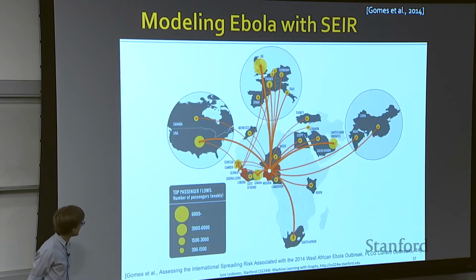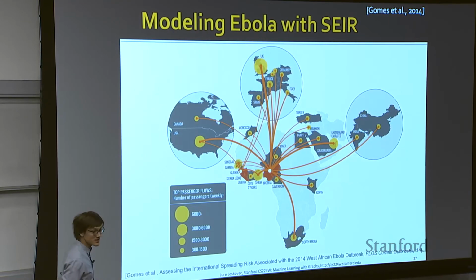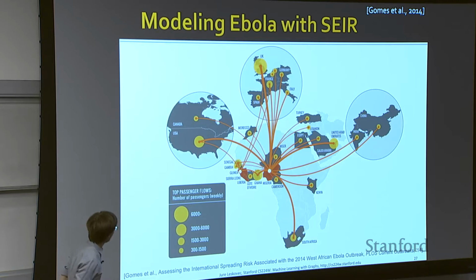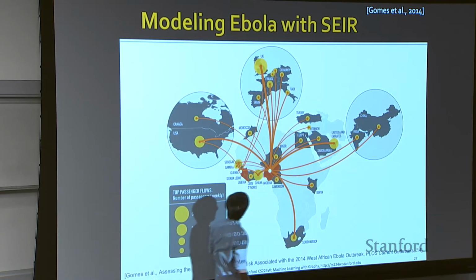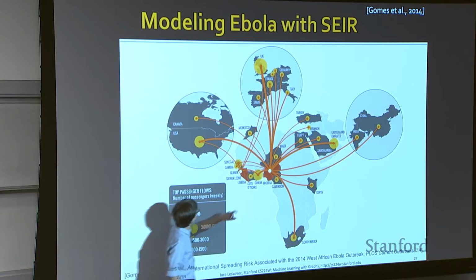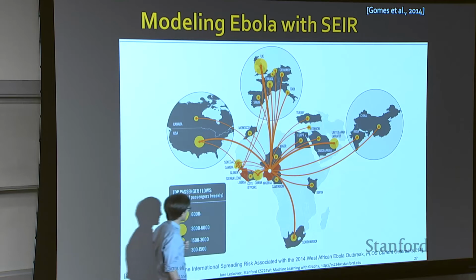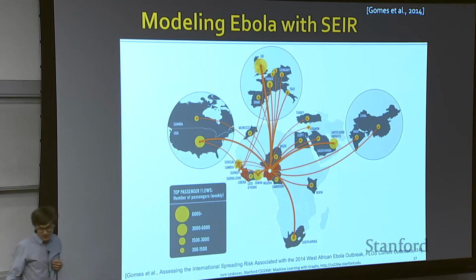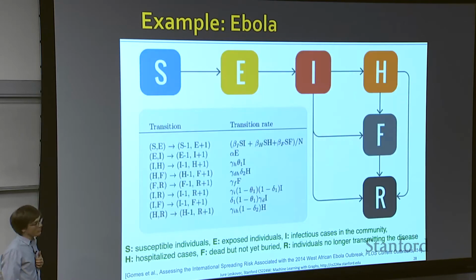And of course, as I mentioned before, you can make them much more complicated. This is going back to the example of Ebola. This is the type of network that they were modeling for the spread of Ebola, and it's all about the planes and the airlines, as I was saying before. As I tried to indicate, these models can get more and more complex.